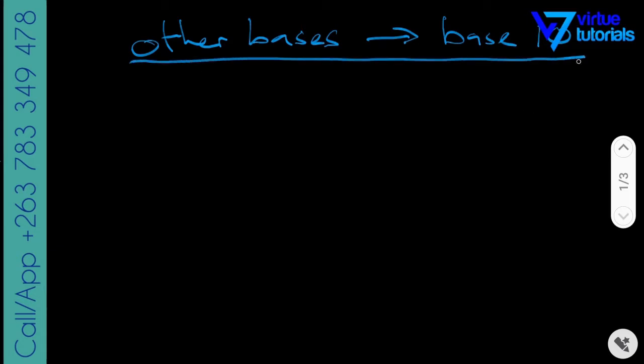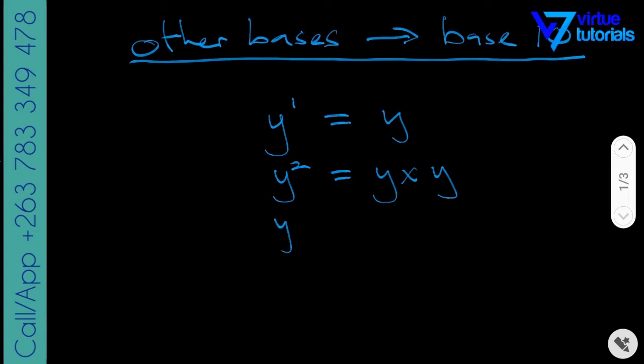For us to be able to do this, you need just a simple understanding of indices, or what some of you can refer to as powers. So if I have y to the power 1, that's y. Y to the power 2 is y times y. Y to the power 3 is y times y times y.